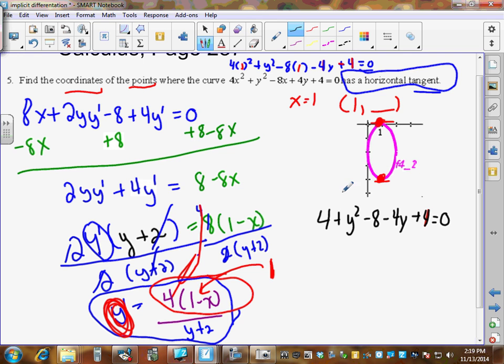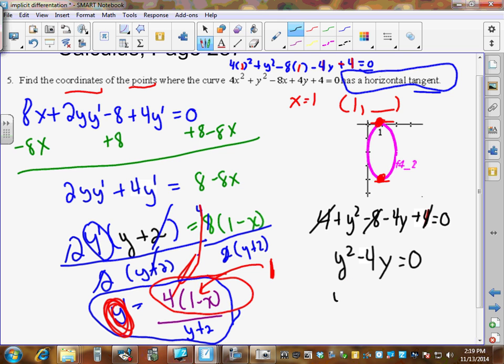Now we can combine our like terms. 4 minus 8 is negative 4. Plus 4 gives you 0. So 4 plus 4 is 8. Minus 8 is 0. That leaves us with y squared minus 4y equal to 0.